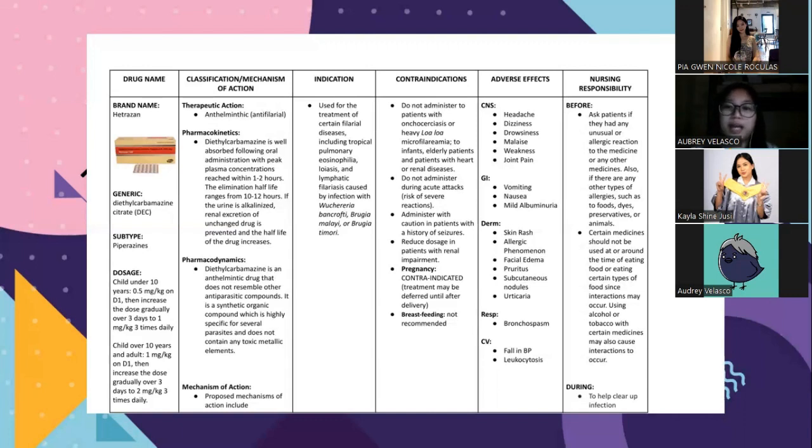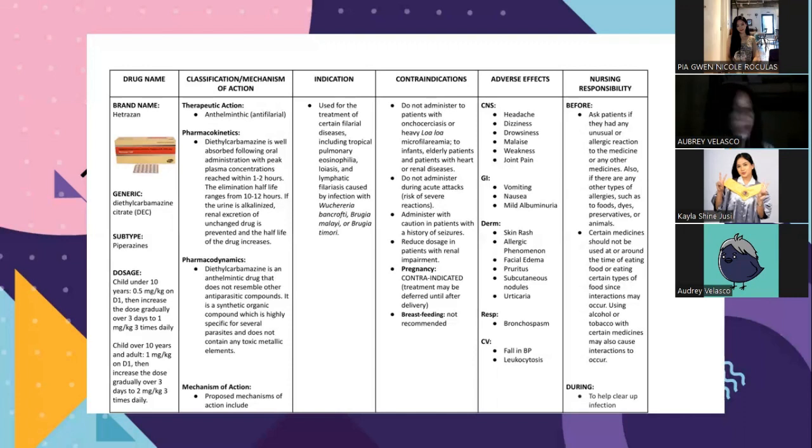Administer with caution in patients with a history of seizures. Reduce dosage in patients with renal impairment, if they have any issues with the kidneys. Pregnant women can be given the drug after they deliver the child, and for breastfeeding, we do not recommend it.